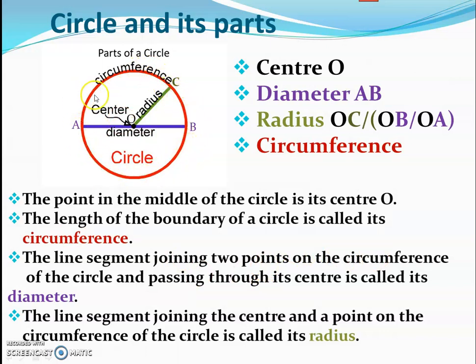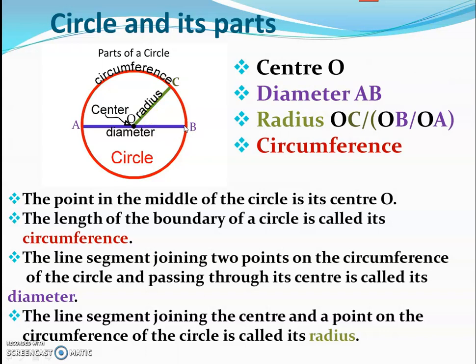So any point on the boundary of the circle is the circumference point. What they are saying is joining the 2 points which are on the circumference from one end and passing through the center, and when it reaches the other end, it is nothing but our diameter.